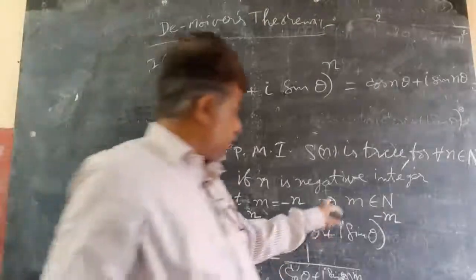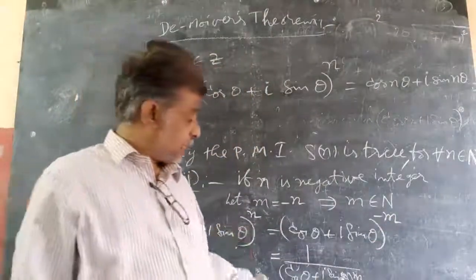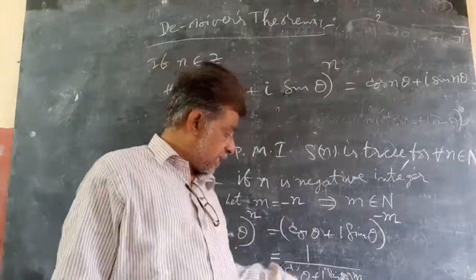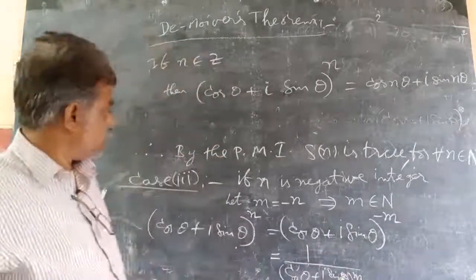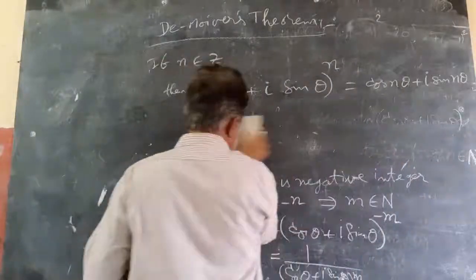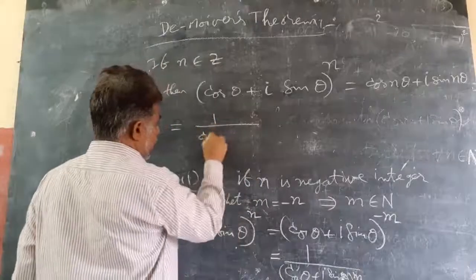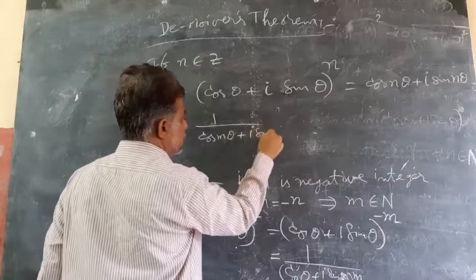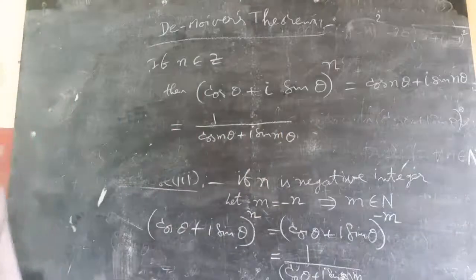Now m is a positive integer, m belongs to N. So according to the previous statement, it is true for every n belongs to capital N. So cos theta plus i sin theta whole power n is cos n theta plus i sin n theta, which means I can write this as 1 by cos m theta plus i sin m theta only.